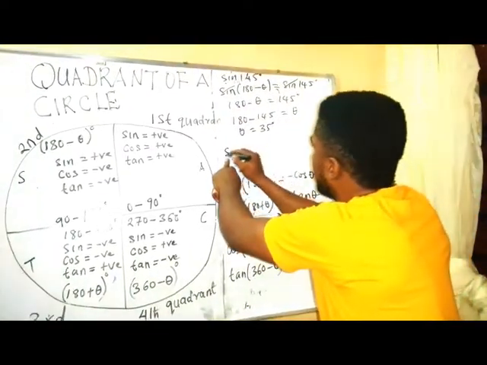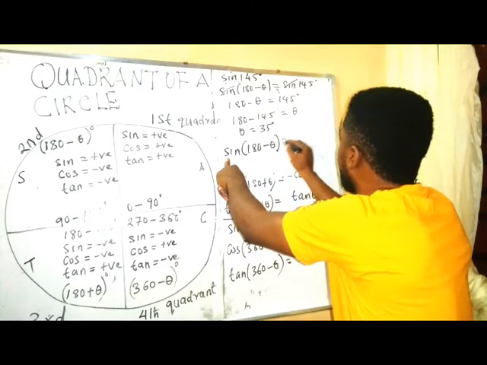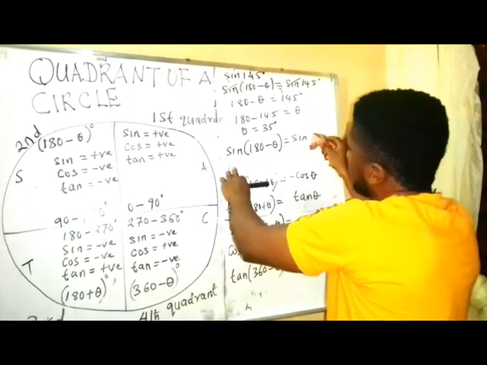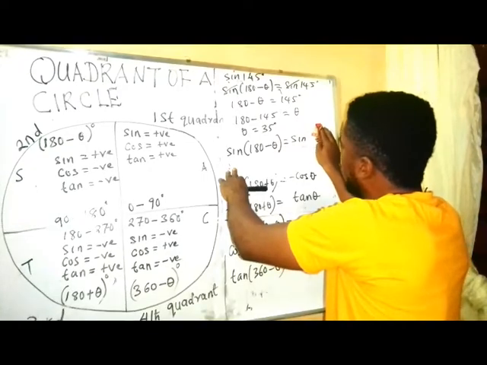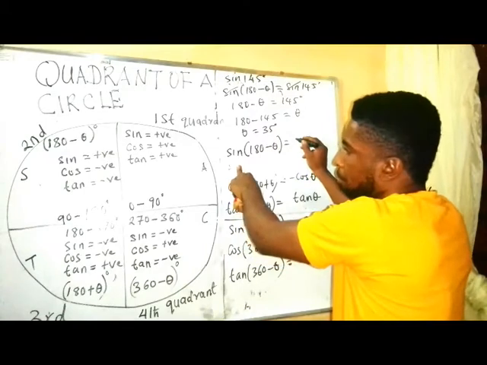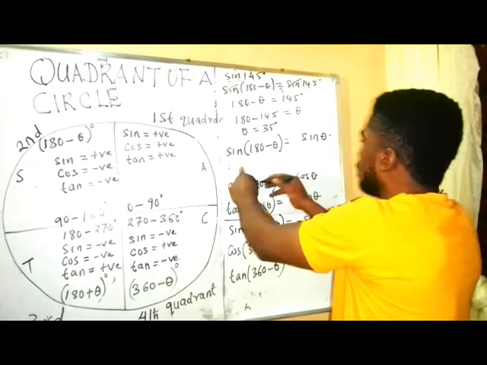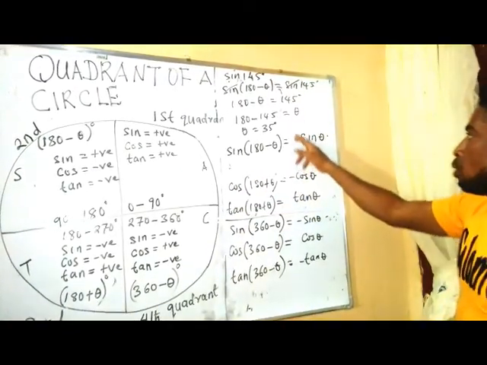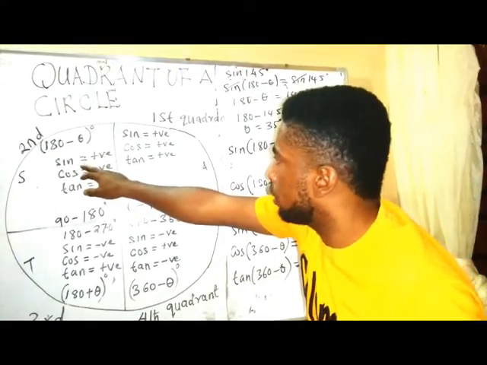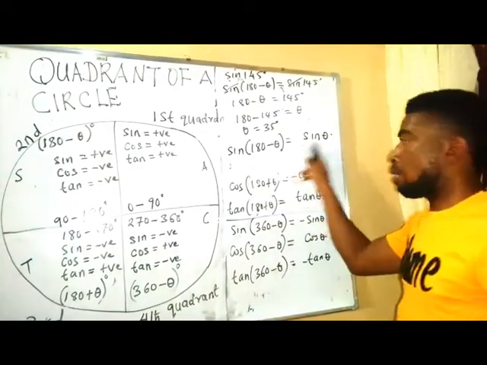Sine 180 minus theta gives you sine theta, because this sign is positive, because it is the second quadrant. At the second quadrant, sine is positive. That's why, I guess you remember how I got this.